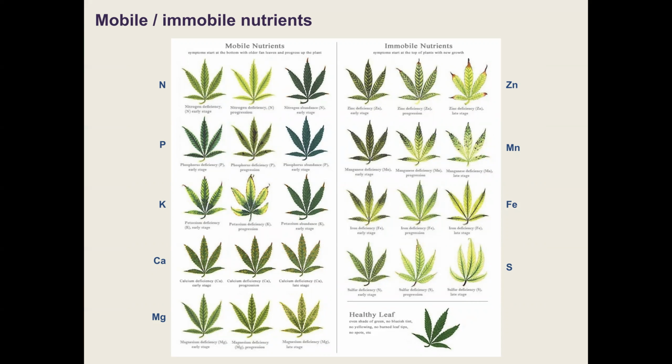This relates to something interesting in plants where some nutrients can be relocated from parts of the plant to other parts of the plant. Only some of them. Some of these nutrients are called mobile nutrients. So if the plant is short on calcium or nitrogen, it can take it from older parts of the plant and distribute the nutrients to newer parts of the plant.